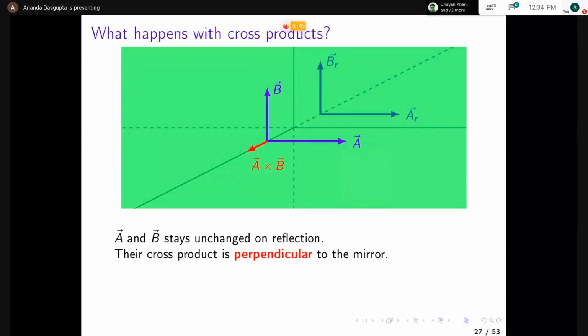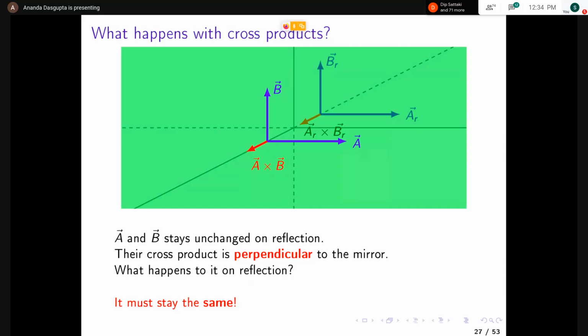However, what happens to A cross B when you reflect? It becomes AR cross BR. A becomes AR, B becomes BR, and they stay the same. So AR is the same as A, BR is the same as B. So what happens to A cross B? The answer is simple. A cross B stays the same.